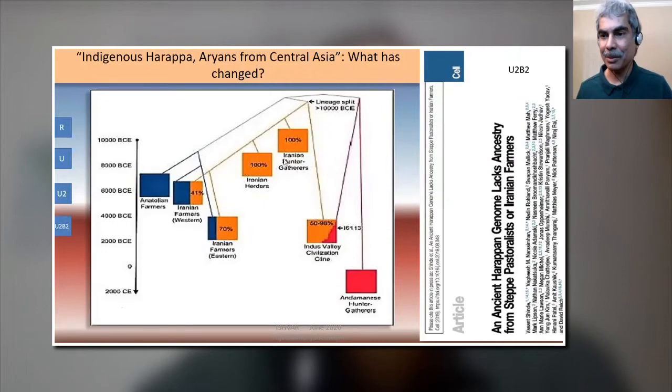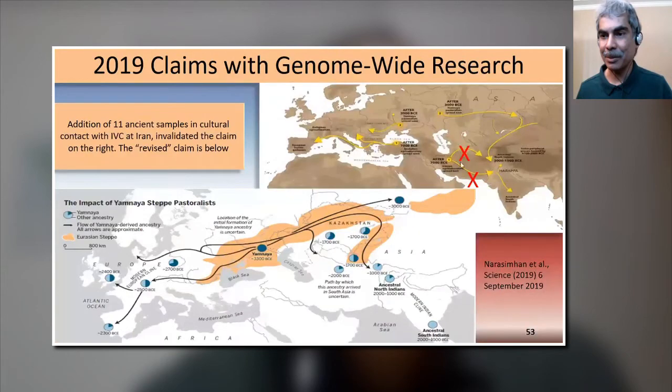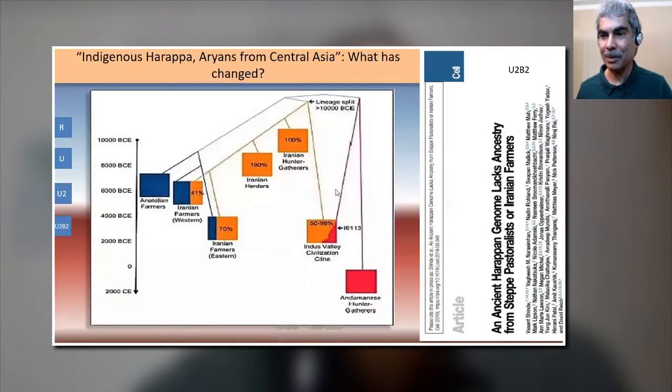And from that split, you start seeing Iranian hunter-gatherers and so on and so forth until they start mixing with Anatolian Iranian farmers over here. So the model has changed now. The model has changed in the context of the Harappa people and the ancient Indian DNA, but they're still stuck to their claim of these Aryans coming into India. And I am coming here and saying, look, the internal evidence of Indian texts do not permit this so-called migration into India.